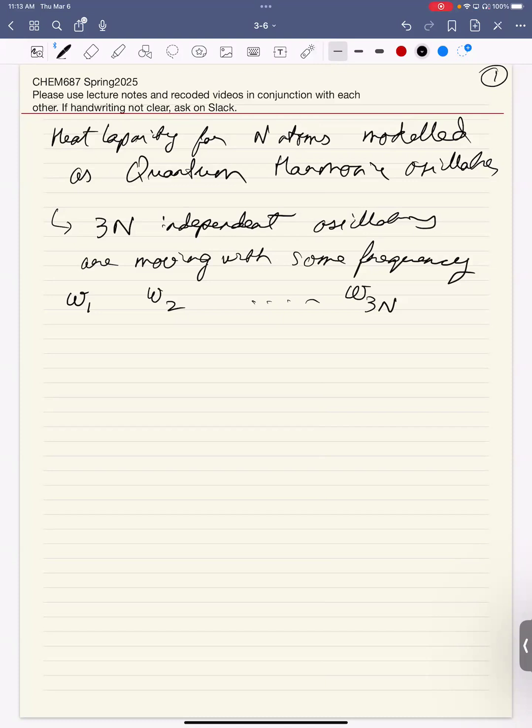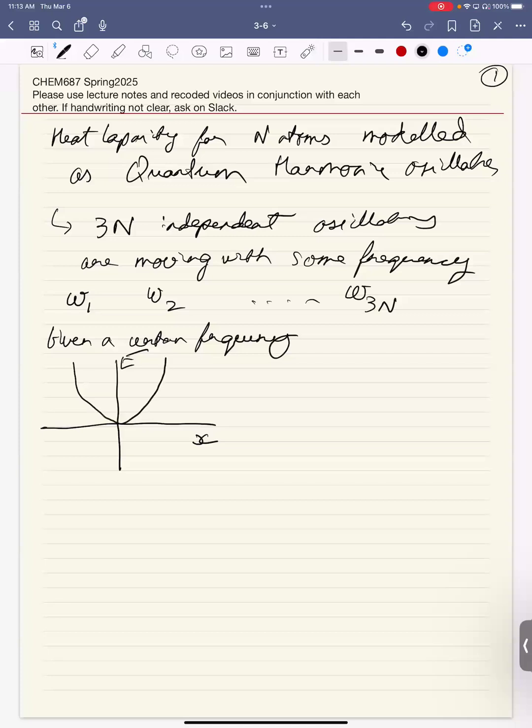So given a certain frequency, in classical mechanics, we modeled the potential energy as a function of x, something like this. Where was the frequency playing a role in classical mechanics?